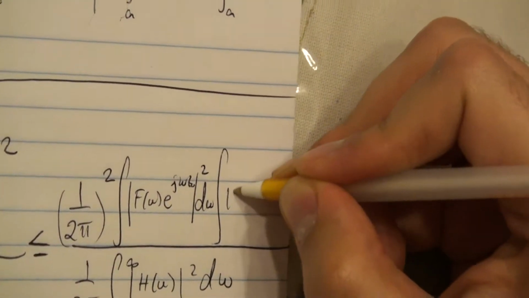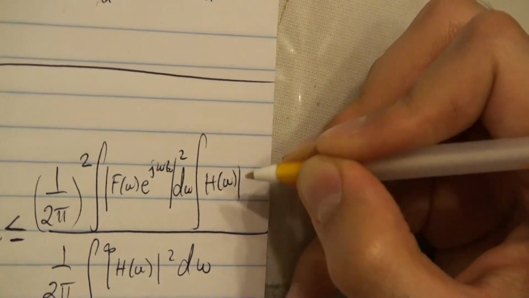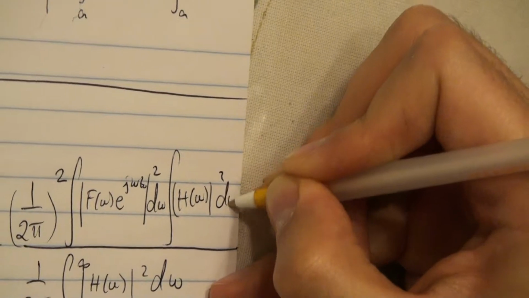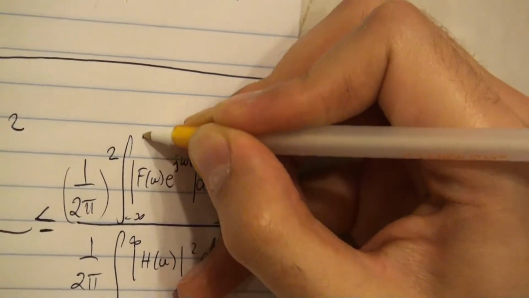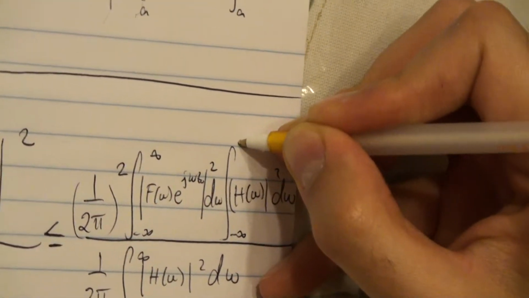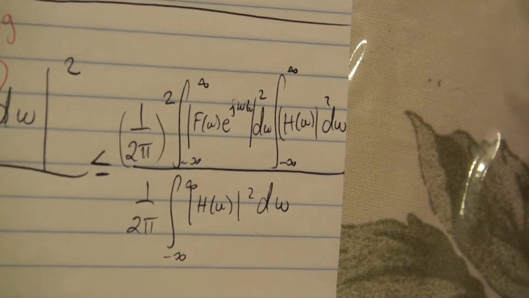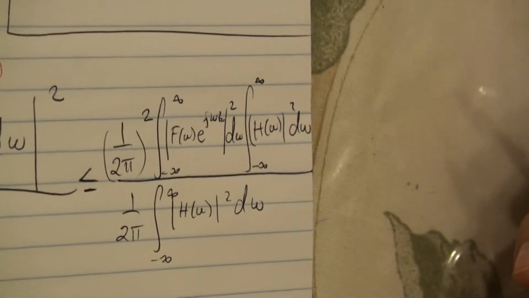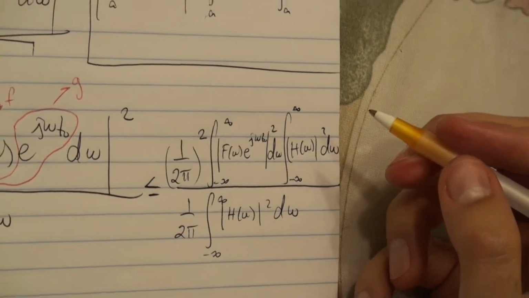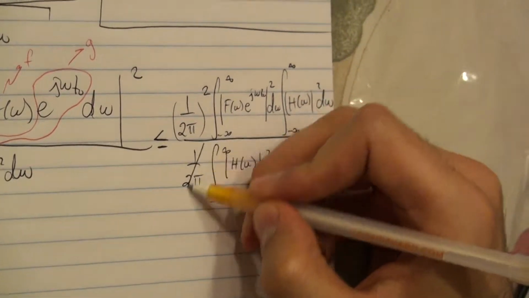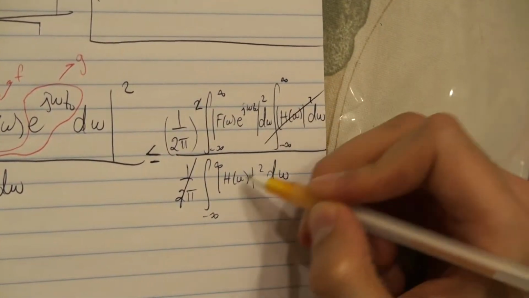And then we have h of omega, absolute value squared, d omega. And these limits are still from minus infinity to infinity. So what's great here, cancel this with this, and cancel this with this.